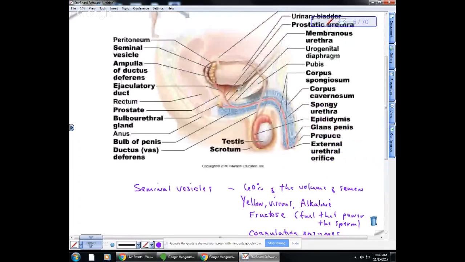The other gland, which is just a single gland, is called the prostate gland. You hear a lot about the prostate gland because it gets large in older males and makes urination very difficult. That's shown right here in the prostate. This contributes about 33% of the volume of semen.